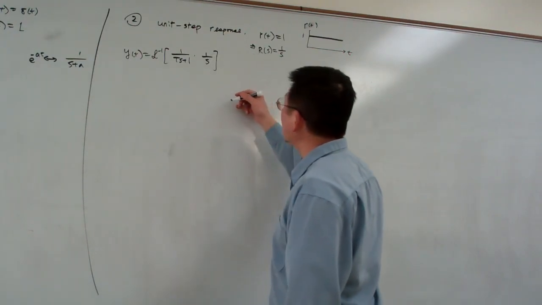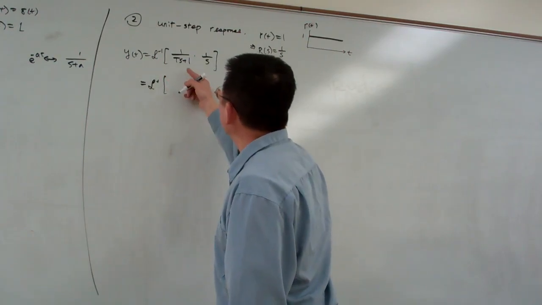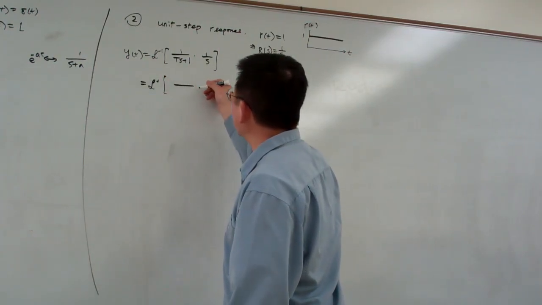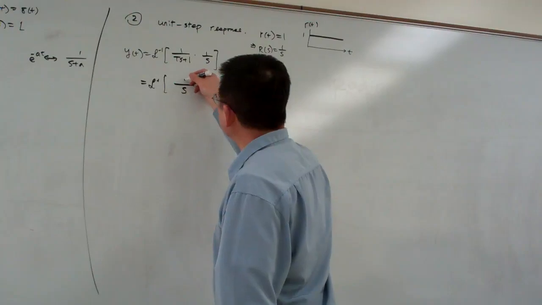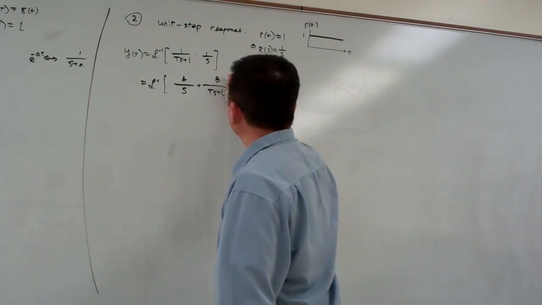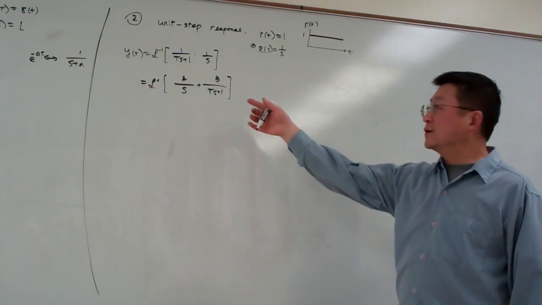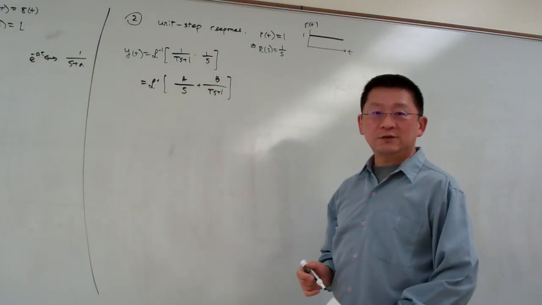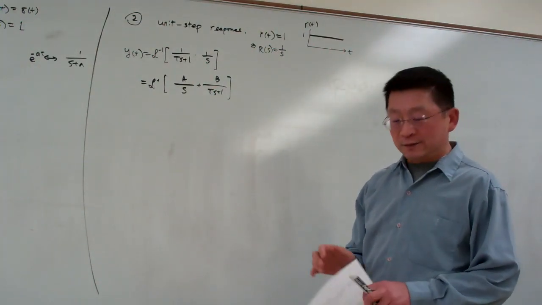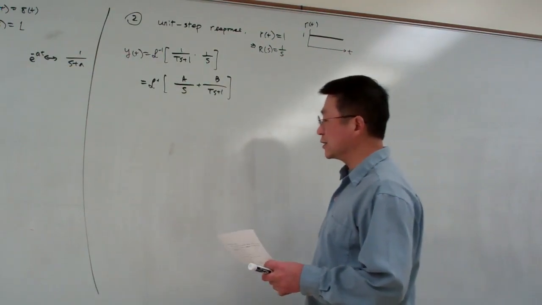So now we factorize this into two terms, A over s plus B over (Ts plus 1). We factorize into two terms and then find the coefficient of each term. Allow me to do it quickly.